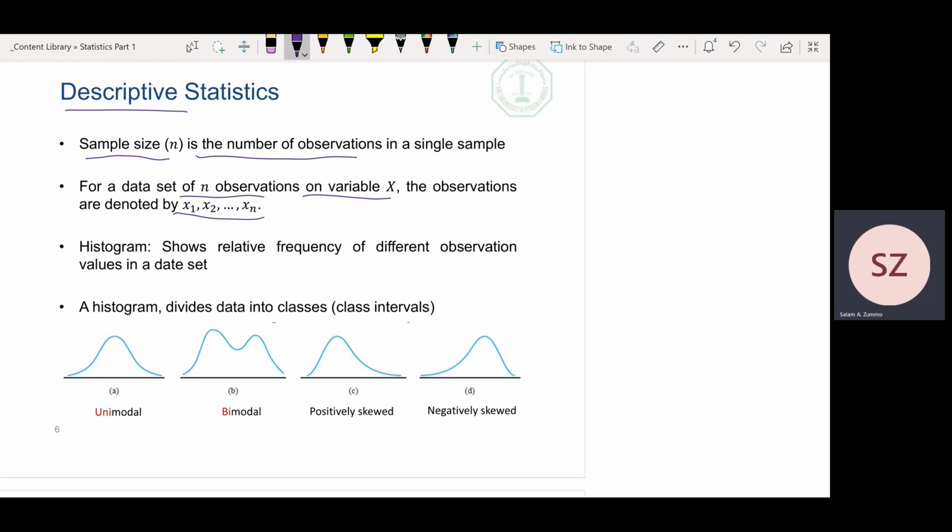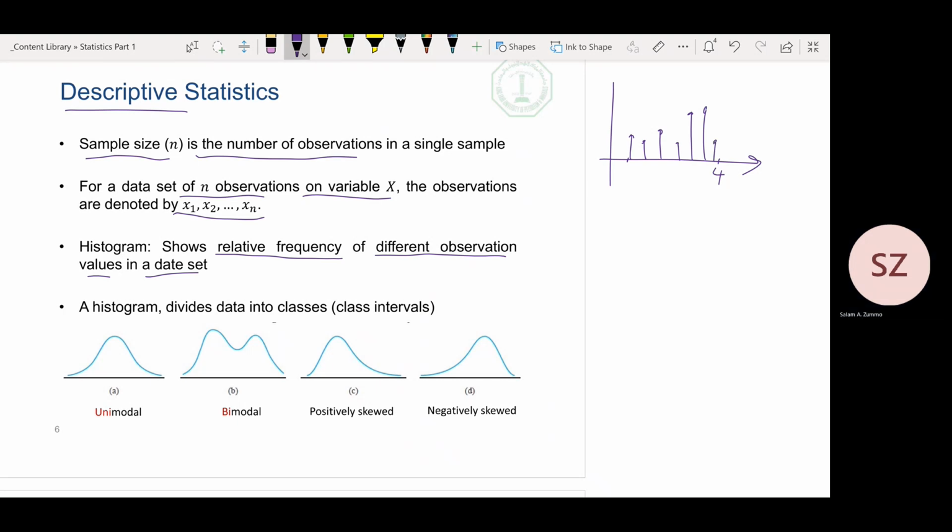Now, if I plot the relative frequency of different observation values in a data set, relative frequency is what? Means that, okay, I look at the GPA. GPA starts from how much? Let's say from 1.7 to 4, right? I see how many got this GPA, how many got this GPA, how many got that GPA. Clear?